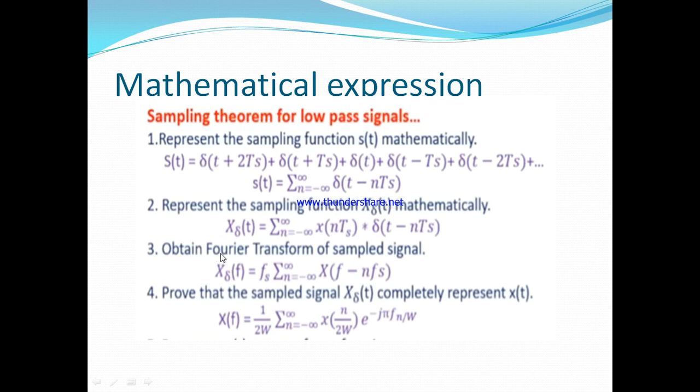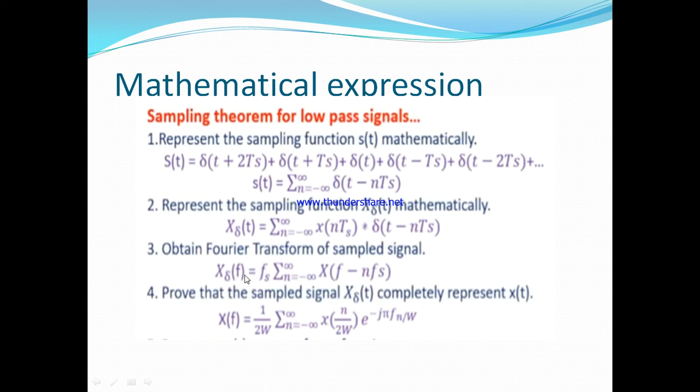Third step, obtain the Fourier transform of the sampled signal. We apply the Fourier transform to convert the sampled signal from the time domain to the frequency domain.